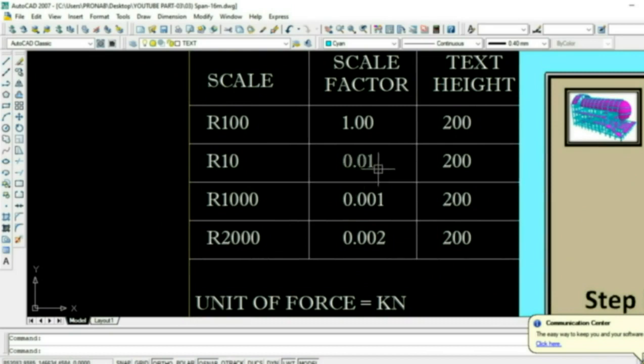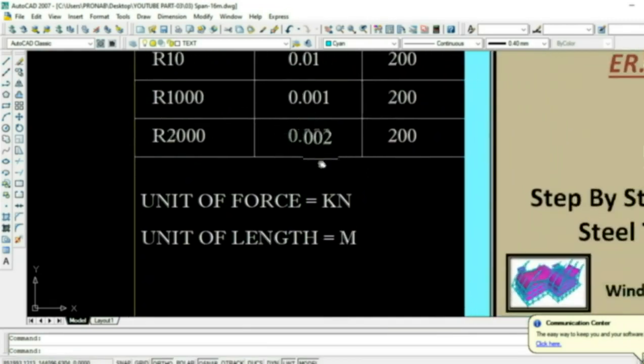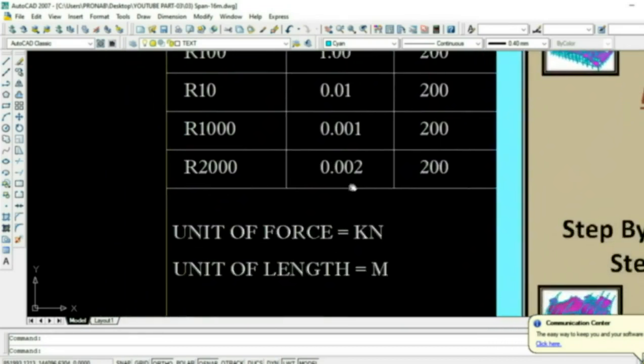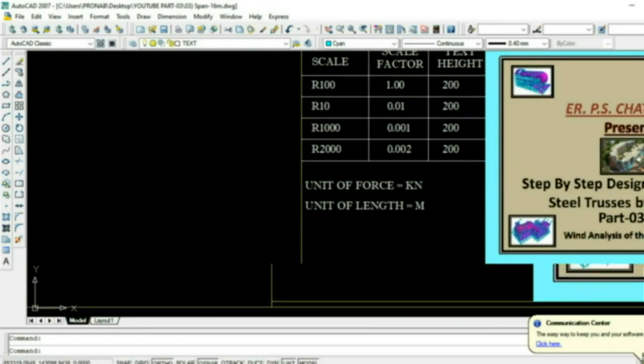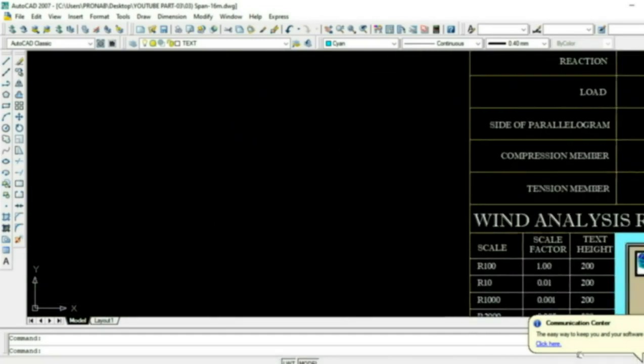R10, scale factor 0.01, text height 200. Scale 1000, scale factor 0.001, text height 200. Scale 2000, scale factor 0.002 and text height 200. Unit of force kilonewton, unit of length meter.